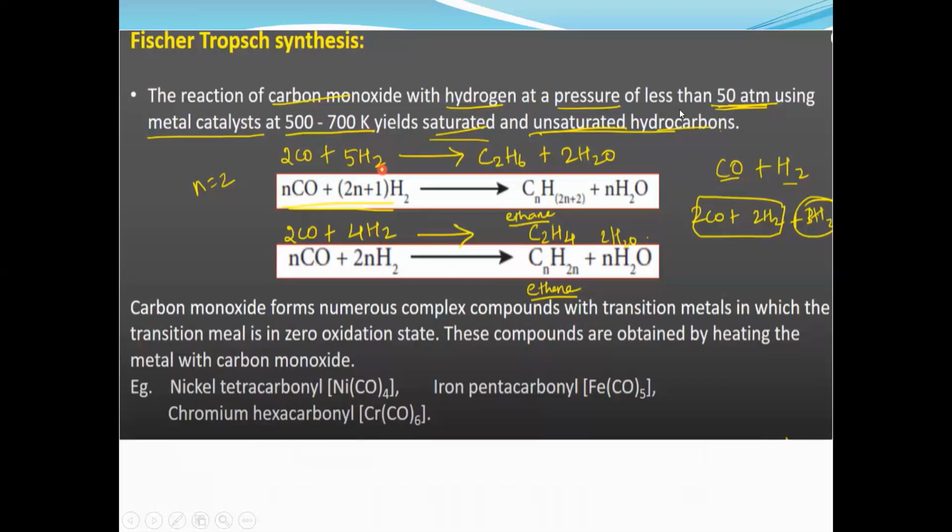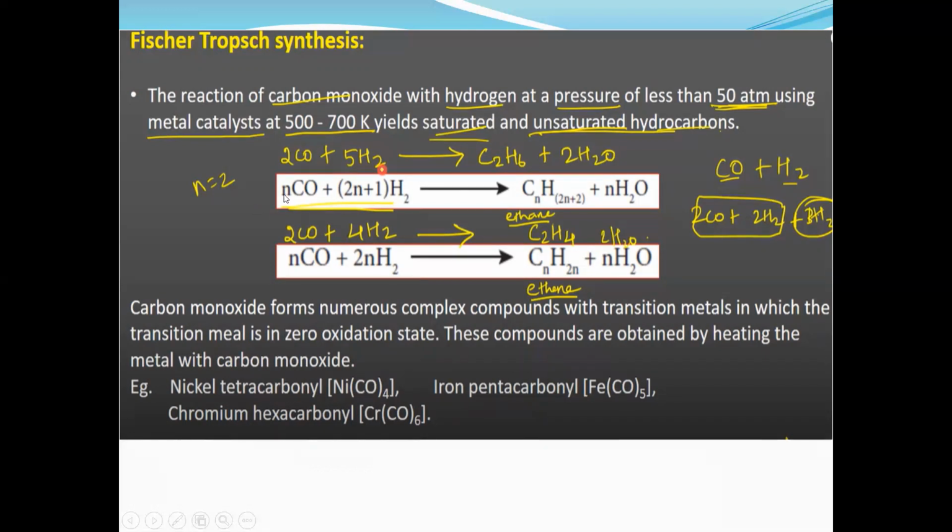In this synthesis we need to maintain the pressure less than 50 atmosphere. Some metals are used as catalyst, like cobalt, magnesium and thoria. We need to maintain 500 to 700 Kelvin. This yields the saturated and the unsaturated hydrocarbon.